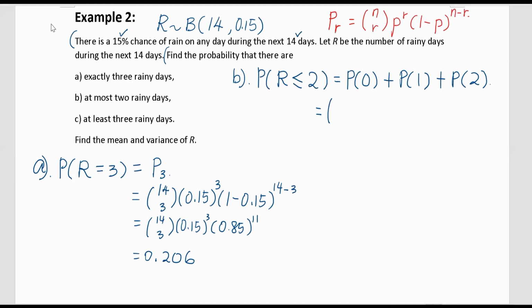Okay, so we're going to use the formula for r equals 0. So we have 14C0, 0.15 to the power of 0, and 1 minus 0.15 is 0.85, then to the power of 14, right? So plus, for r equals 1, do the same thing.